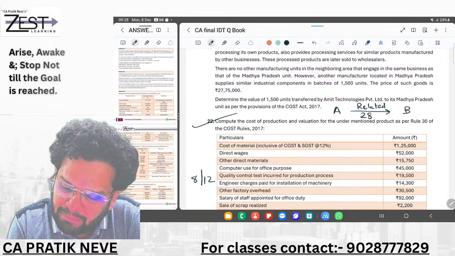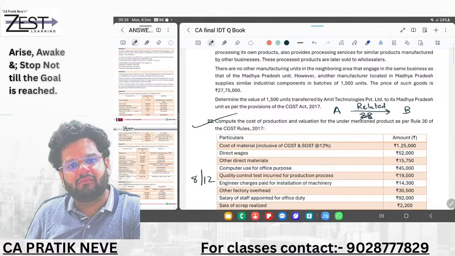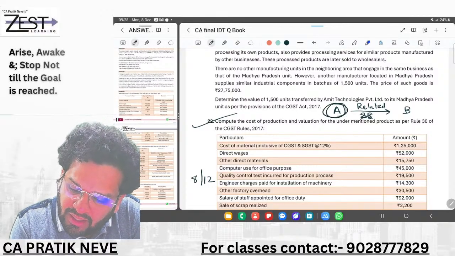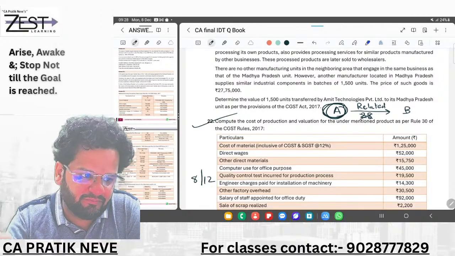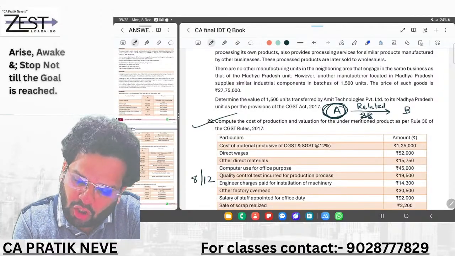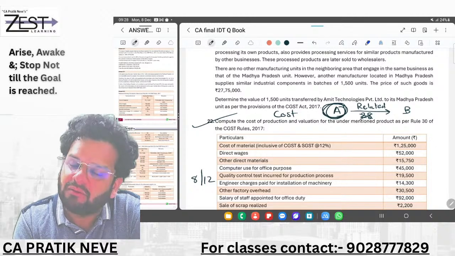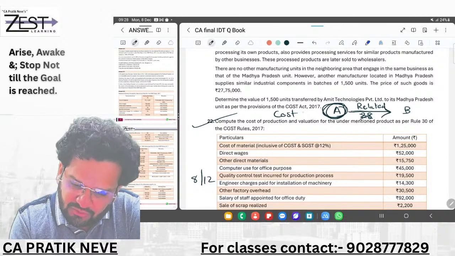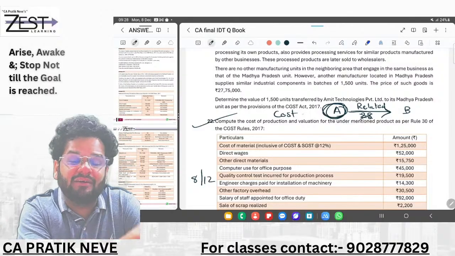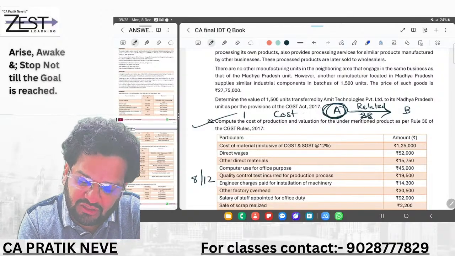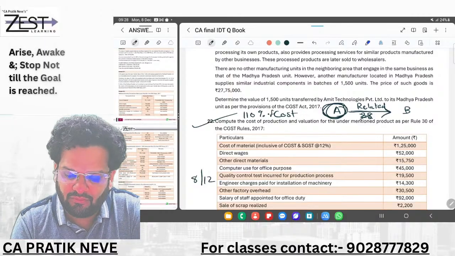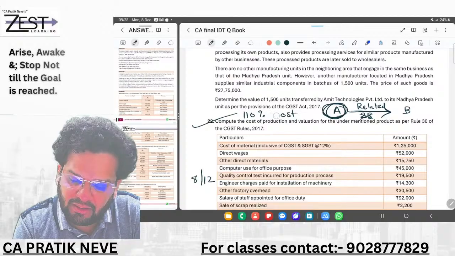You come to 30. In 30, what you do, A has sent goods to B now. But there will be cost of those goods now. And you want to know the selling price, the ideal. So, in cost, add 10% profit margin. In short, take 110% of cost. That will become assessable value.